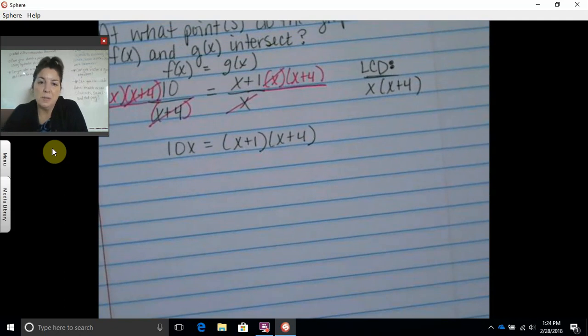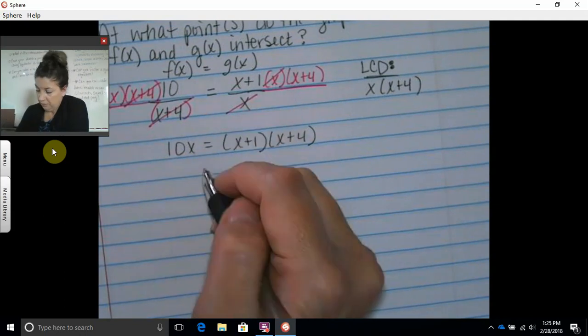Now, one of my classes told me that x plus 1 times x plus 4 is x squared plus 4. Is that correct? No. They just did a quick check, first times first, last times last. Okay? Remember, if I have a binomial times a binomial, I got to do the whole first, outer, inner, last thing. So we need to do that.